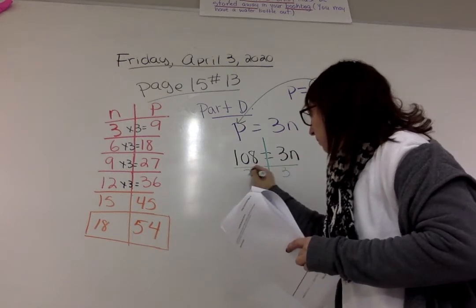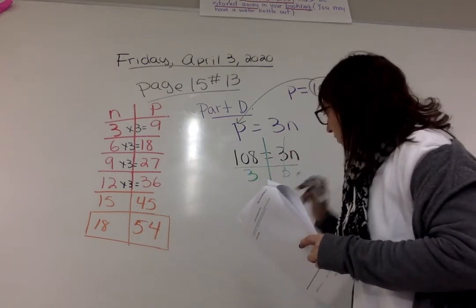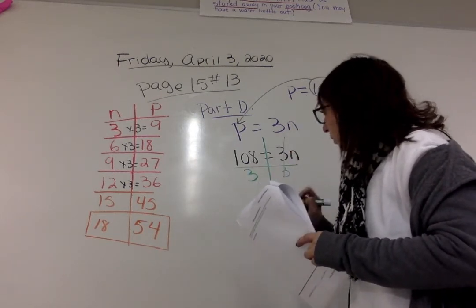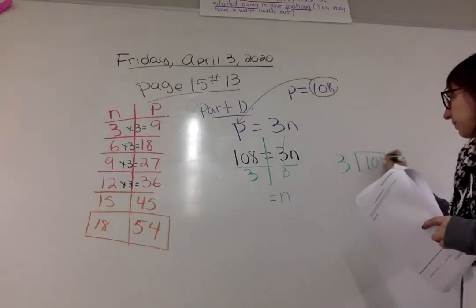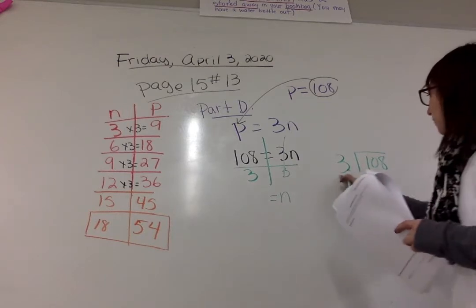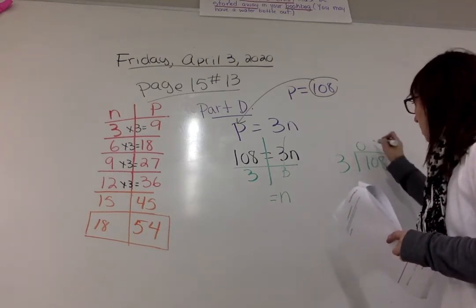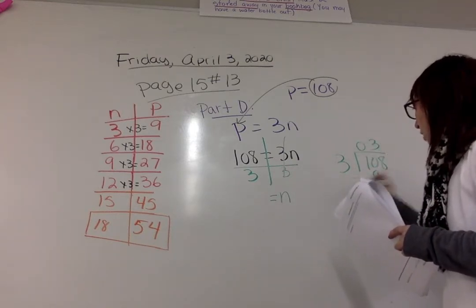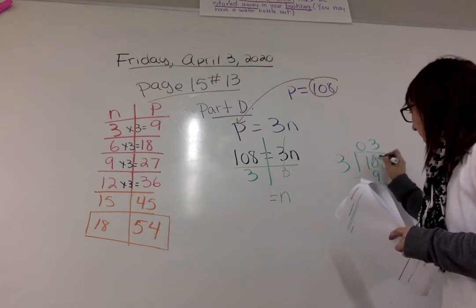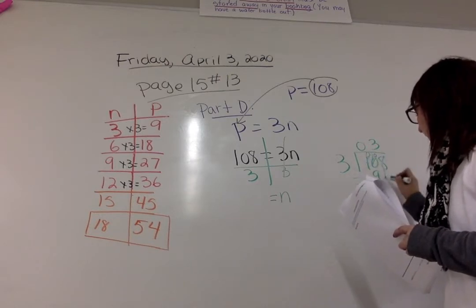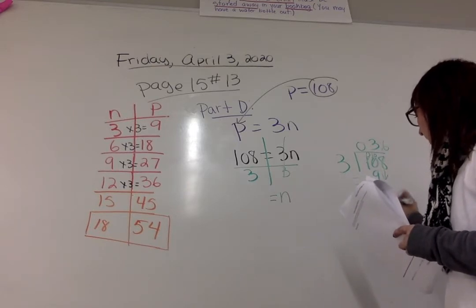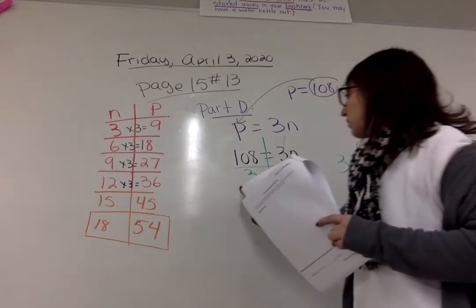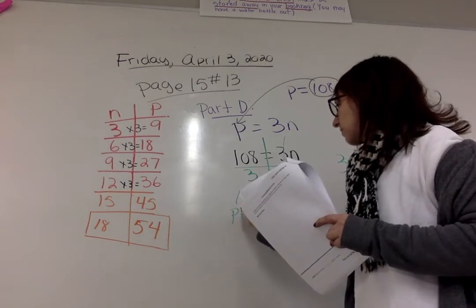I'm going to divide by 3 on both sides. 3 divided by 3 is 1, or just N, equals 108 divided by 3. 3 goes into 1, 0. Goes into 10, 3 times. This gives me 9. I subtract here, and I get a 1. Bring down the 8. 6 times, because 6 times 3 is 18. Therefore, the answer is 16 pies.